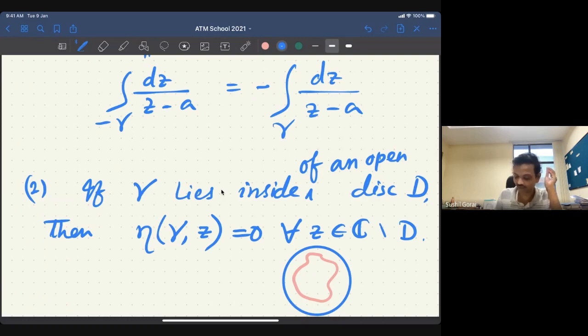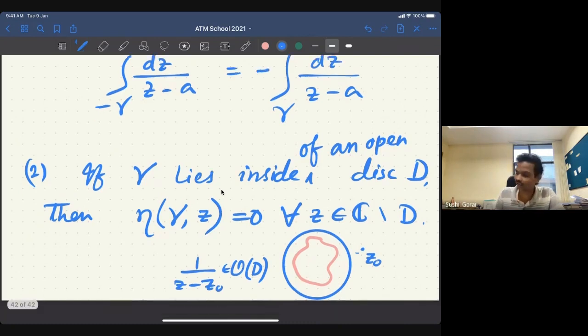So 1 over z minus z naught will be holomorphic if z naught lies outside. And if z naught lies inside, then look at 1 over z minus z naught, which will be holomorphic in D, and then use Cauchy's theorem.